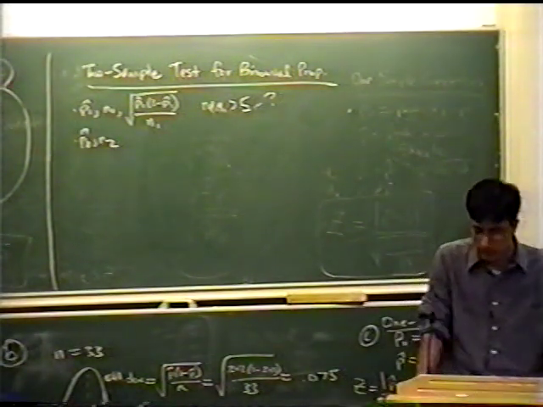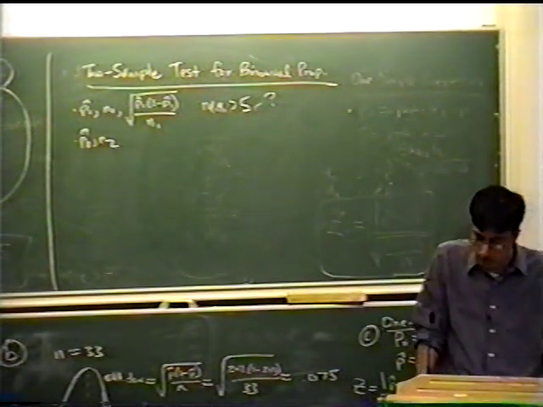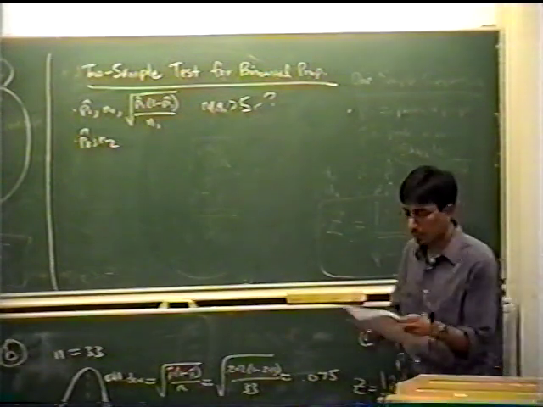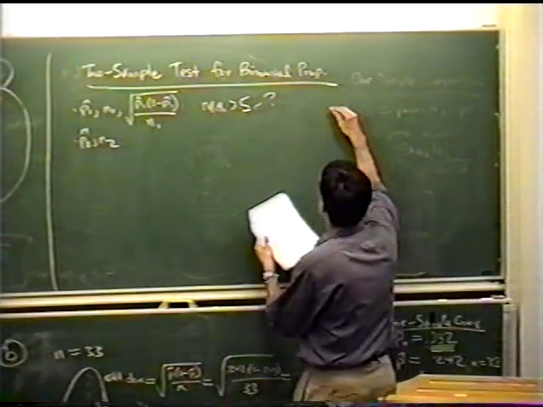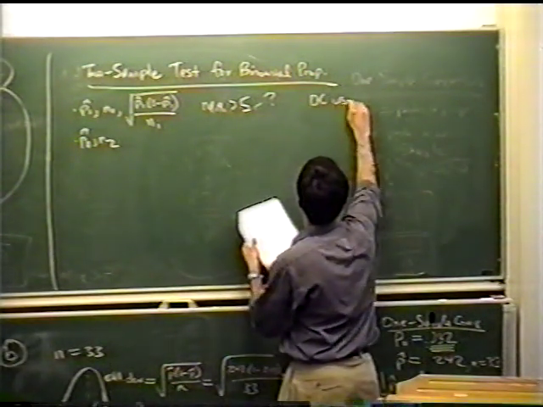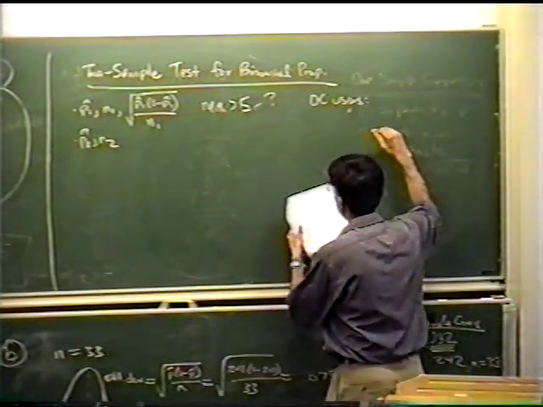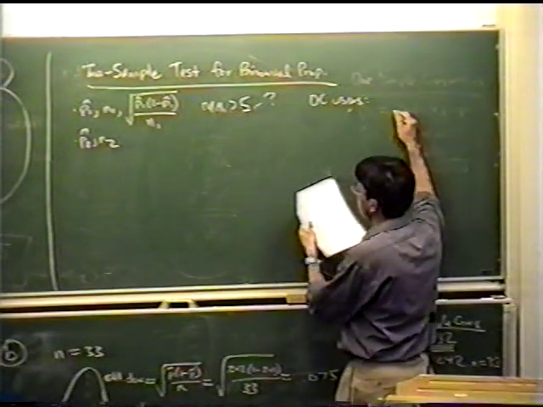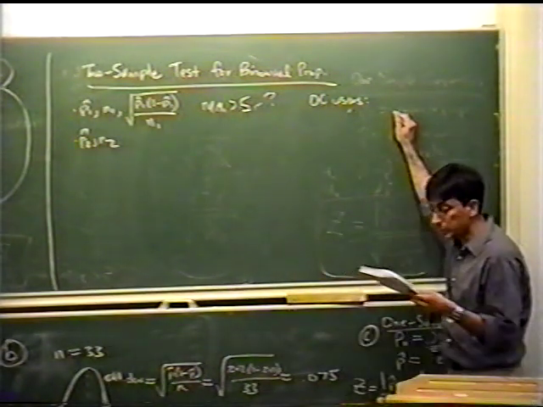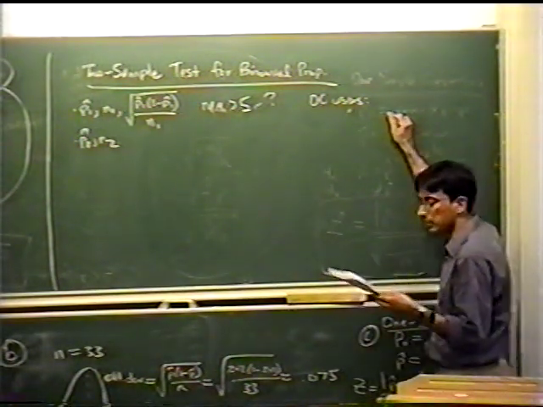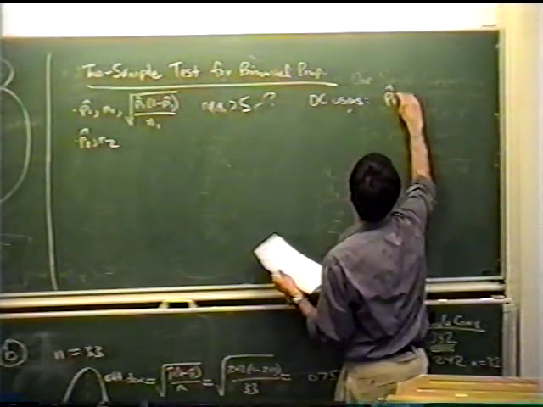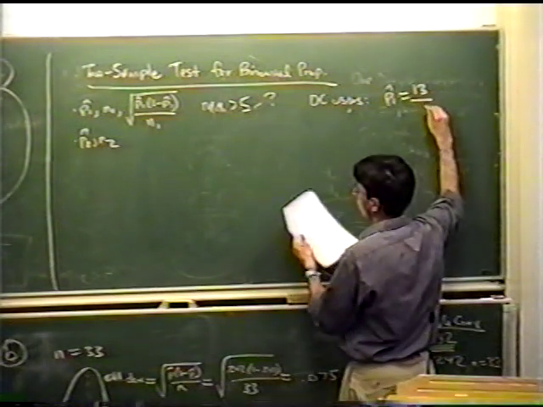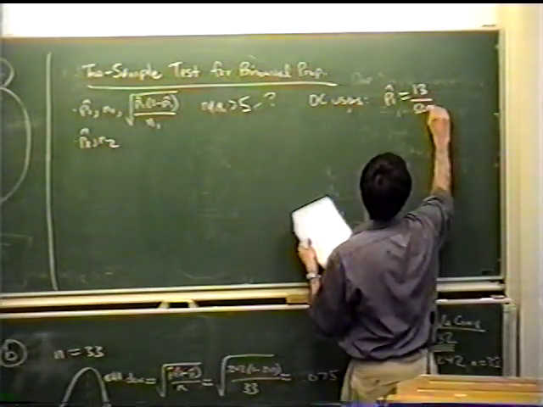A study was conducted to look at the effects of oral contraceptives on heart disease in women 40 to 44 years of age. It is found that among oral contraceptive users, 13 women out of 5,000 developed a myocardial infarction. Okay. So our probability P1 is 13 over 5,000.